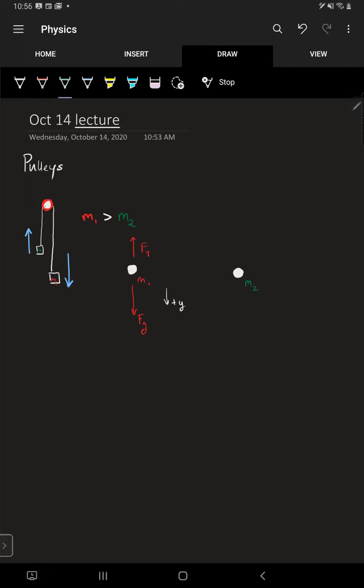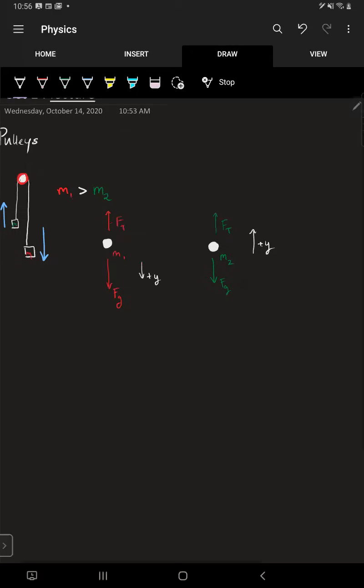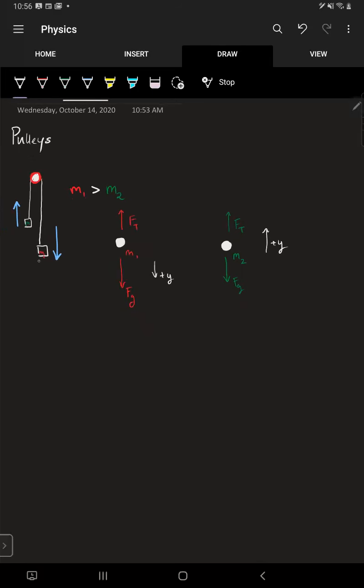Let's do M2's. M2 has the force of gravity as well as the force of tension. And in this case, up is positive. Now that actually makes sense because in the M1 scenario, moving down is the same thing as M2 moving up.